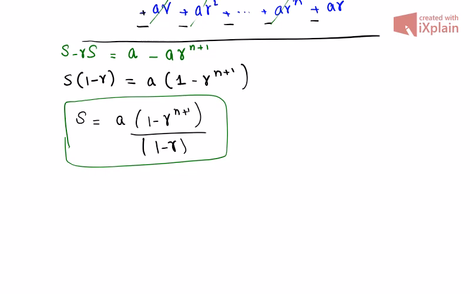Now what if n approaches infinity, assuming that our common ratio r is less than 1. It may be any value less than 1. You can suppose r is equal to 1 over 2, so r is positive but less than 1.